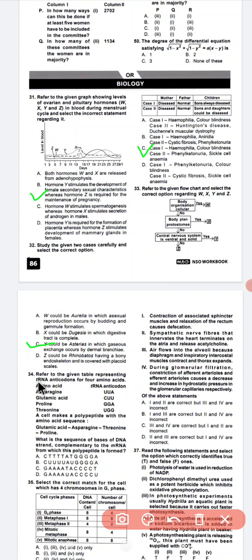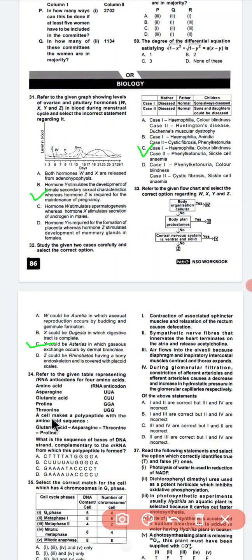Now we refer to the next question, question 34. Question 34 tells you to refer to the given table representing tRNA anticodons for 4 amino acids. We have this amino acid and tRNA anticodon: asparagine, glutamic acid, proline, and threonine. And the coding is like this: UUA, CUU, GGA, and UGG.